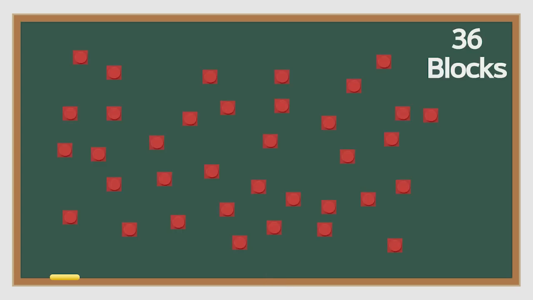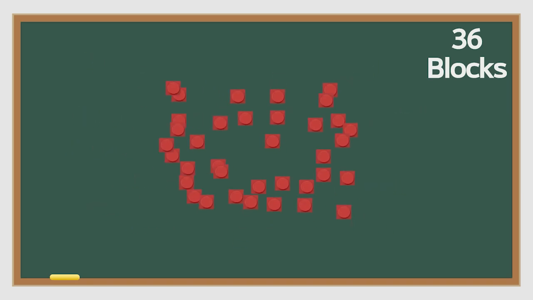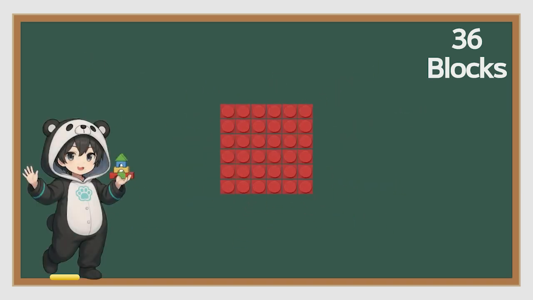To solve this mystery, we need a new tool called the square root. Don't panic, it is actually very simple. Imagine you have 36 blocks. I want you to build a perfect square with them. The width and the height must be the same. What is the length of one side? Is it 5? 5 times 5 is 25, too small.